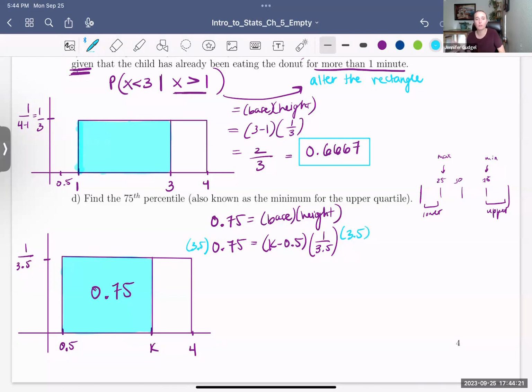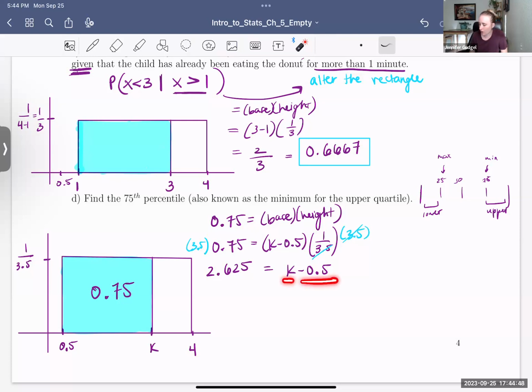If I multiply both sides by 3.5, that eliminates this division part, and then 3.5 times 0.75 is equal to 2.625. And I still have this k minus 0.5. All right, but notice that I did that first, so I don't have to worry about these parentheses anymore. Those parentheses are now gone. This is all alone on one side.